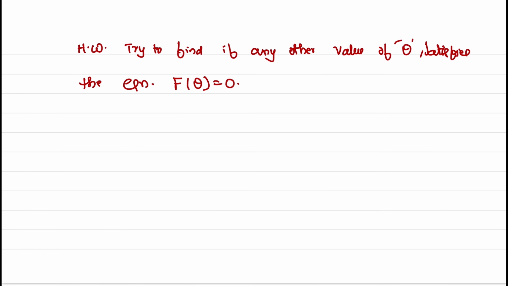From the single variable function in the complex plane, we try to find the value of theta for which the given f theta equation is satisfied. From the f theta equation, once theta is found, we substitute that value of theta in x and y, and we got the values of x and y. That's how we have proceeded.